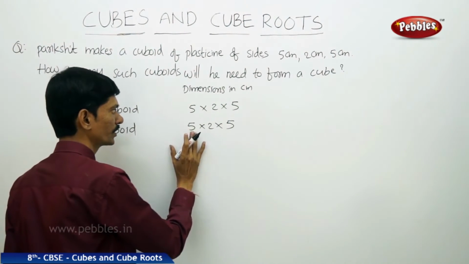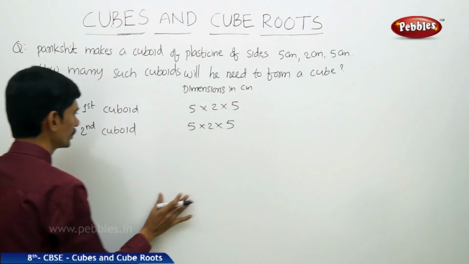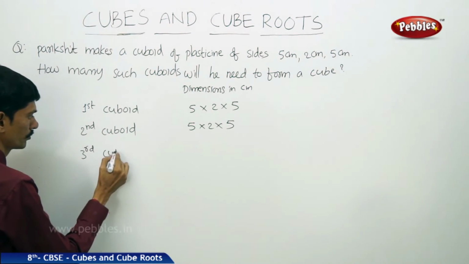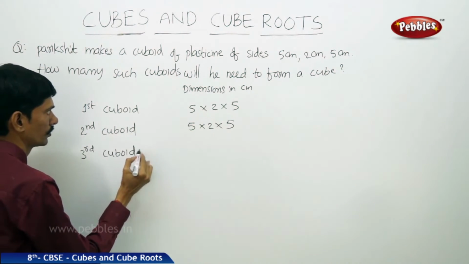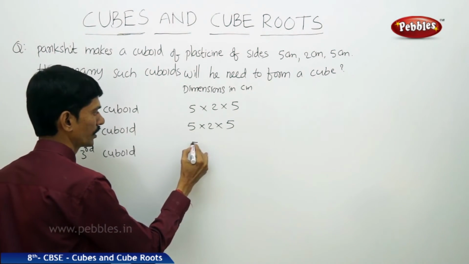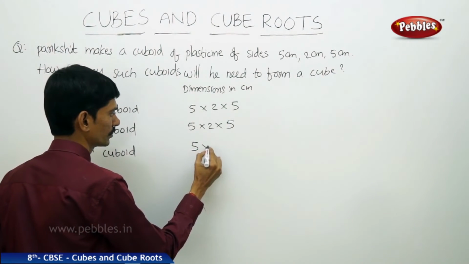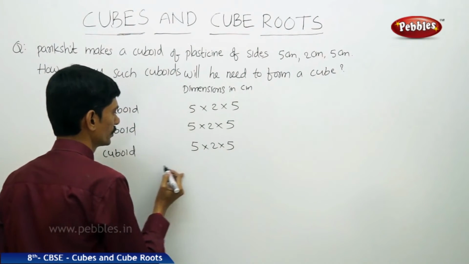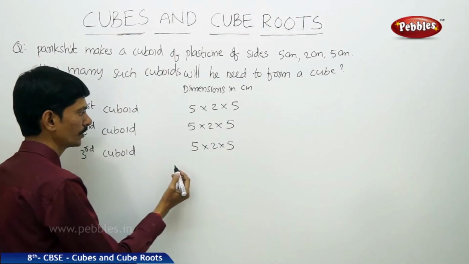So it is not making any cube. Now let us take the third cuboid, again the same dimensions, 5 into 2 into 5. So there are 3 cuboids taken with the same dimensions.